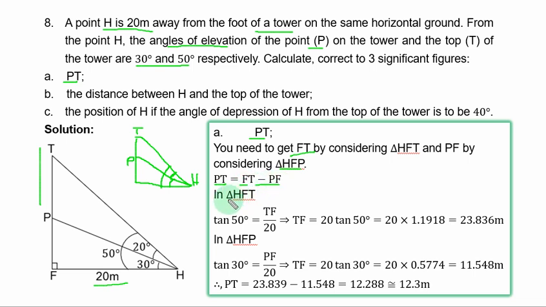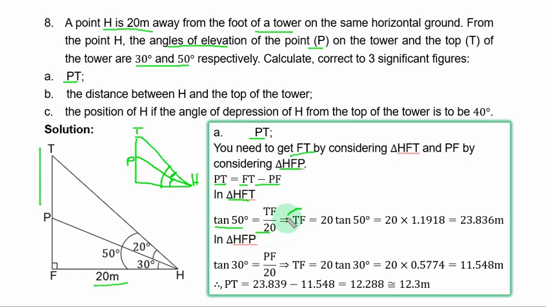So let's consider triangle HFT. In that triangle, the whole angle is 50 degrees. So TF is opposite, HF is adjacent. So you have tan 50 degrees equal to TF over 20.